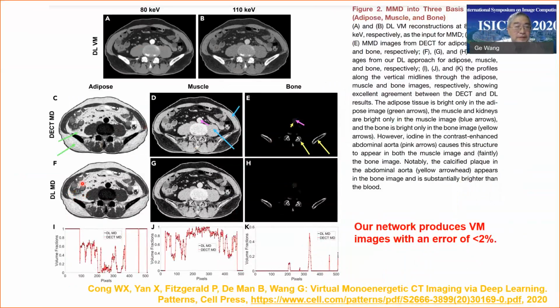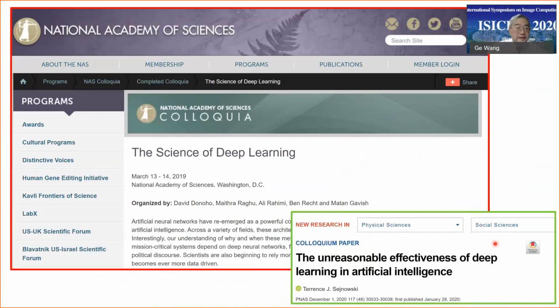So we get 3 material components: adipose, muscle, and bone. The results are in great agreement with the dual energy CT counterpart, and we can identify bone calcification. The overall relative error with the deep learning method is less than 2%. The paper was published in Patterns recently. Okay, so this is an interesting deep learning application.